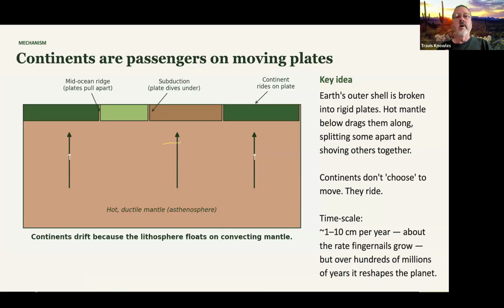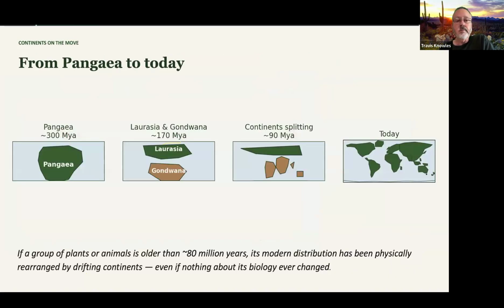When those plates are at a subduction zone, when one continental plate or crustal plate is being shoved under another, the friction of all that rock eventually gives, and that results in earthquakes, and it creates hot spots where molten material will shoot up through these crustal plates and cause volcanic activity on the surface of the Earth. So this is the main mechanism that has moved continents around over deep time.